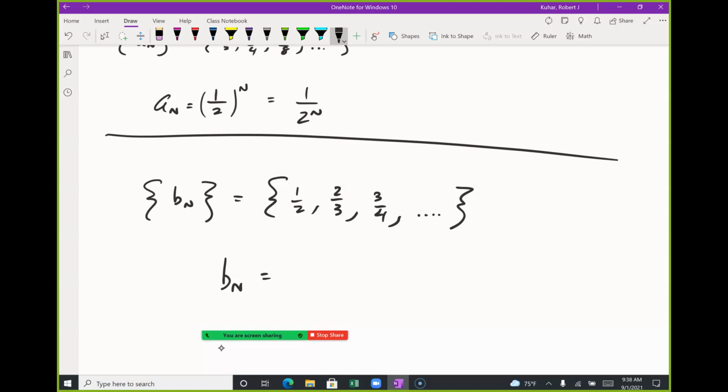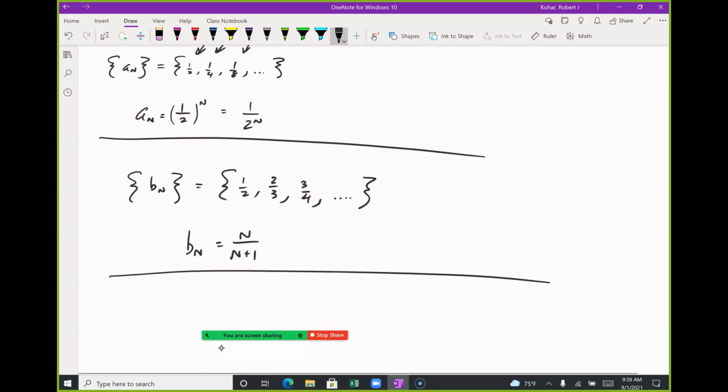Yeah, the next one's 4/5, but what's the generalized term? n over n plus 1, right? So most of the time you can just figure out what the nth term is by looking at it, right? And so writing out an nth term is just as easy as that.